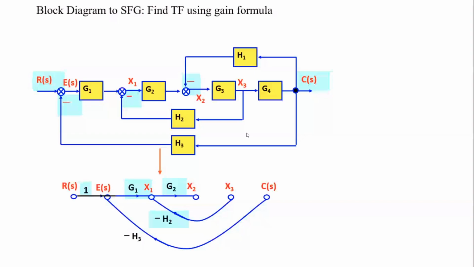Then the connection at X2: one is minus H1, another one is G3. So this is the SFG for the given block diagram.